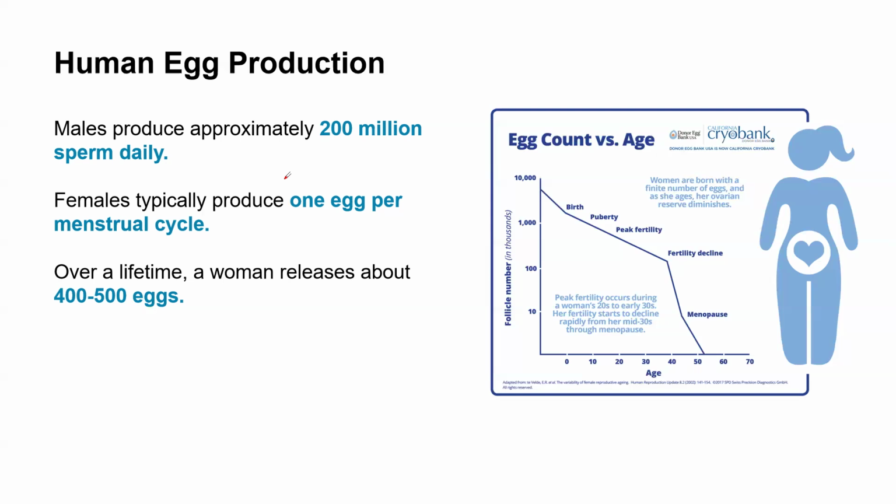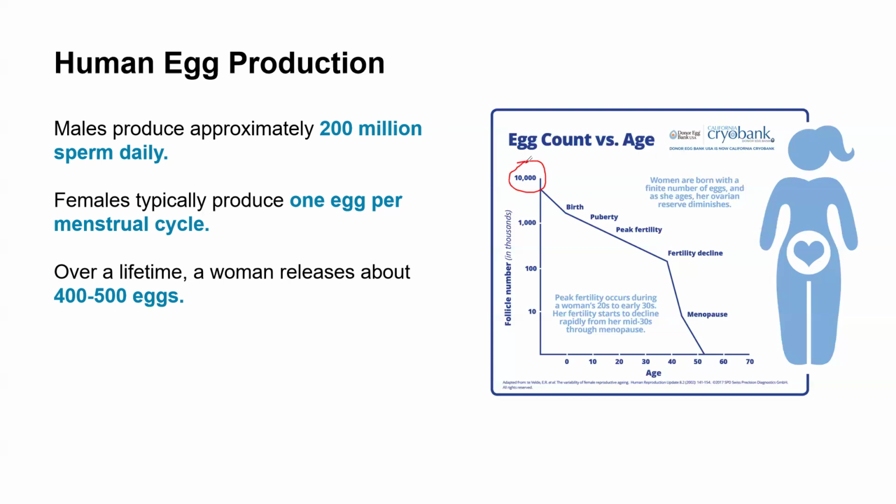So you count 12 months. After 12 months, she definitely releases 12 eggs, then another year, so you keep counting. As you grow, the number of eggs will keep decreasing. That is why we have this diagram.